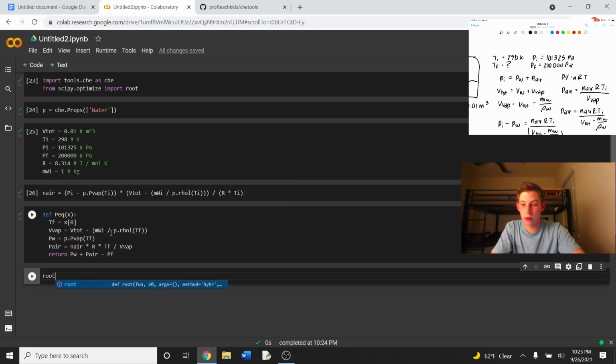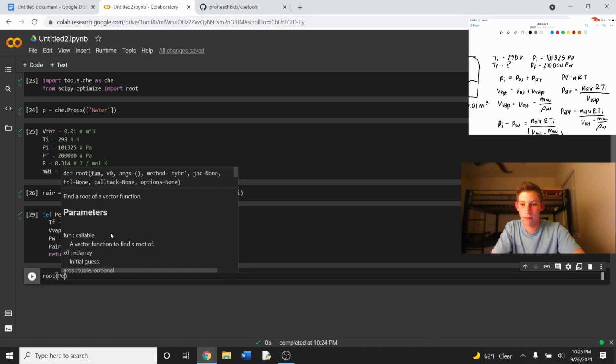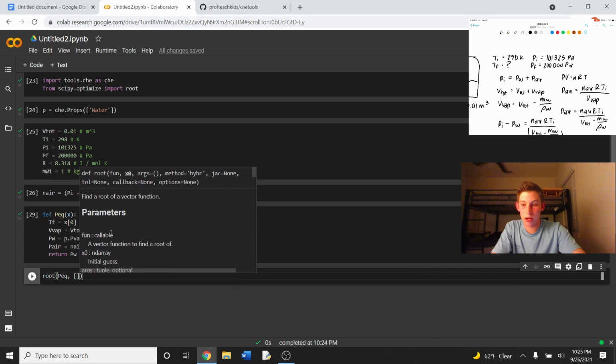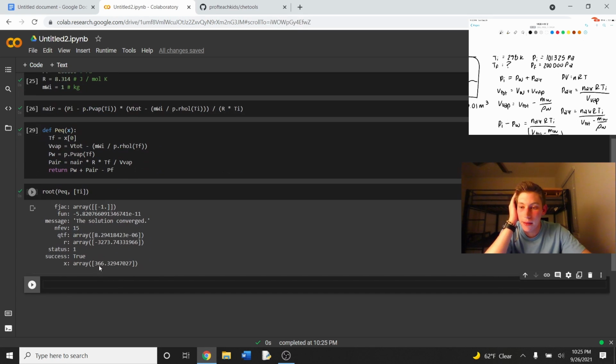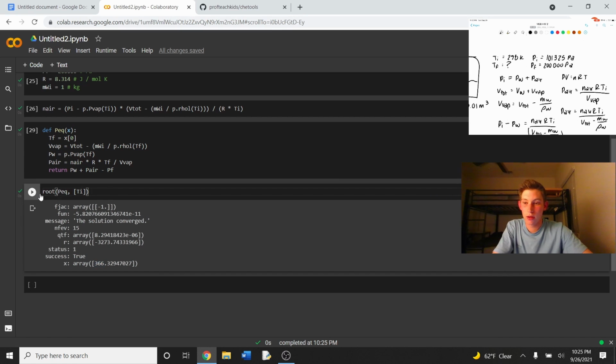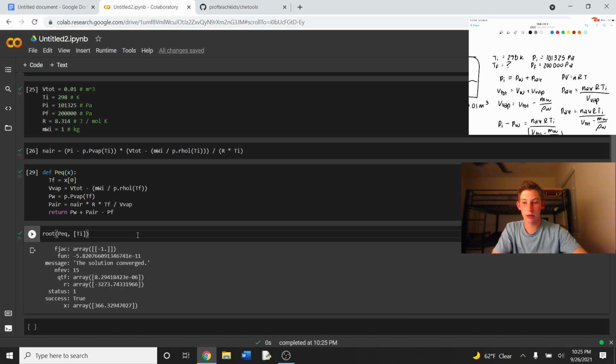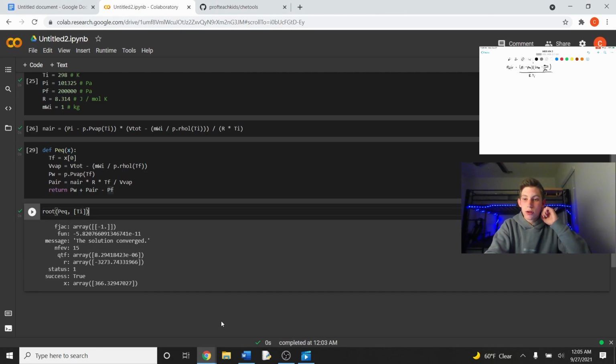So if we look at our root calculator, we have to have an initial guess, so we'll just guess our initial temperature. It was a success, so our final temperature is around 366 Kelvin. So we can keep that there.